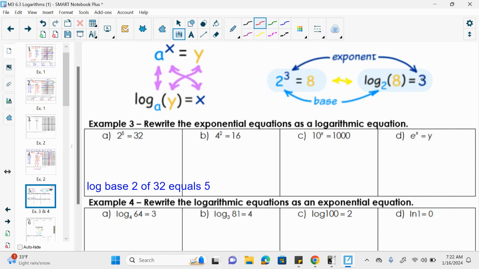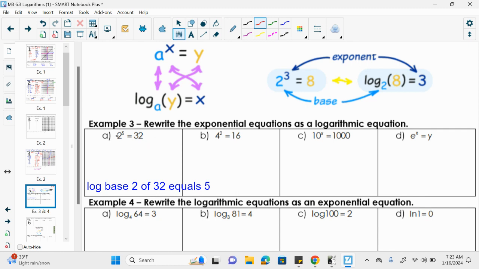Well, 2 to the third power equals 8. The other way you can think of it is if we're doubling and we wind up at 8, how many times did we double? 3 times. So we can always take an exponential equation and change it to a logarithmic equation, or vice versa. We can take a logarithmic equation and change it back to an exponential equation. So that's going to be one of the main skills for today.